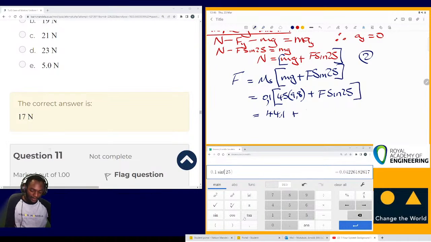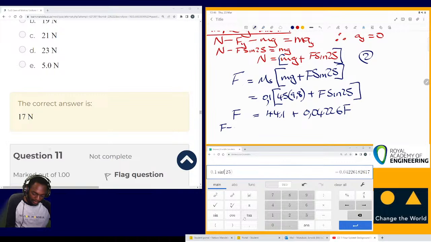We get our 0.04226 F equals F. So that becomes 1 minus that, right?